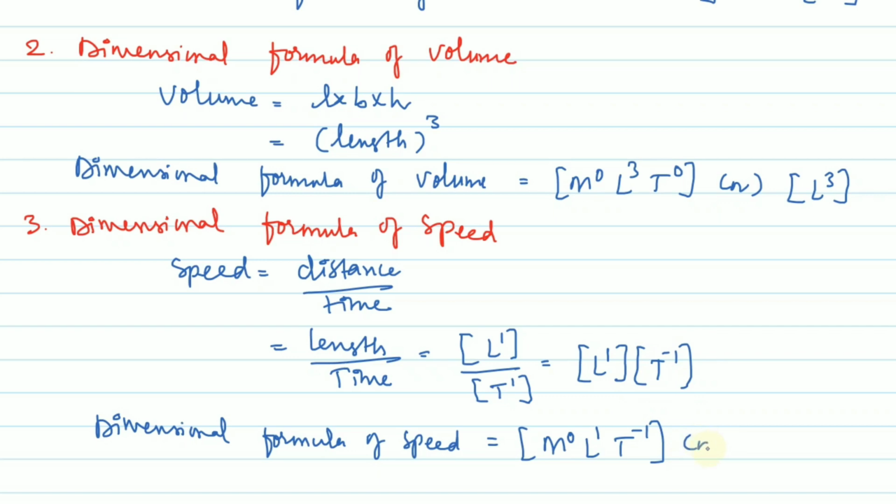Or simply it can also be written as L to the power 1 T to the power minus 1. Here the dimension of speed is 0 in mass, right? The dimension of speed is 1 in length, and the dimension of speed is minus 1 in time.